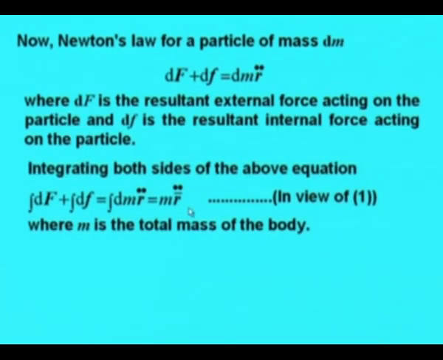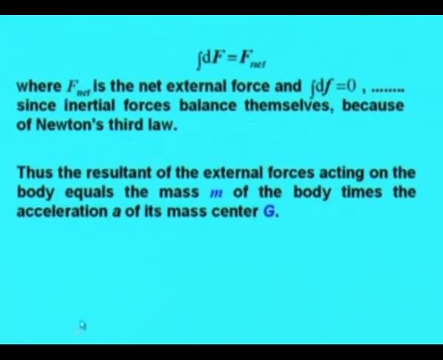So we get the integral of dF plus the integral of df equal to mass times r bar double dot, where r bar is the position of the center of gravity from the fixed point, and m is the total mass.